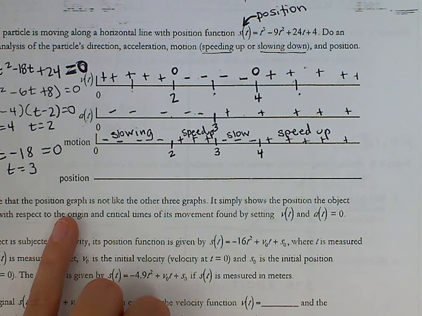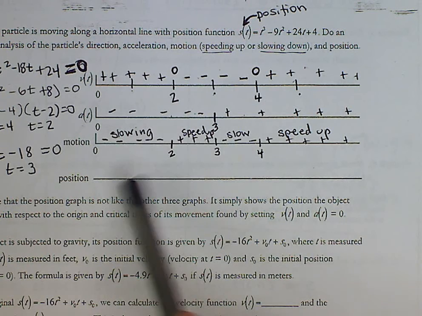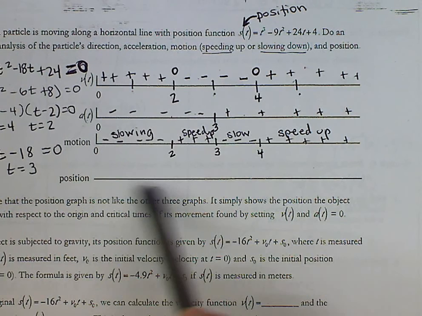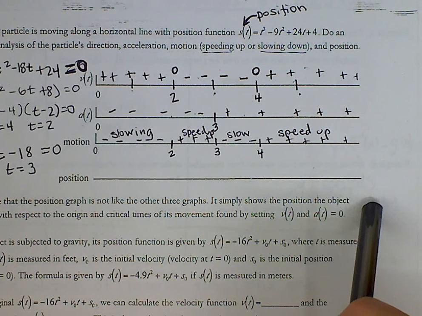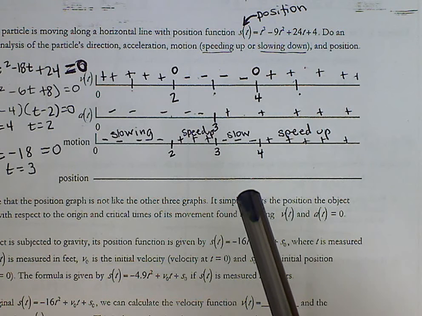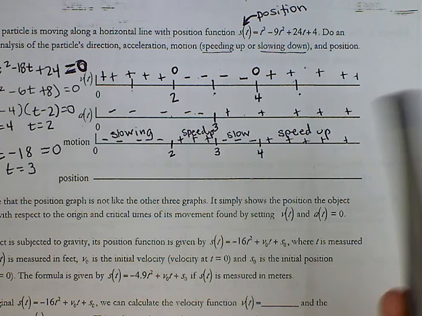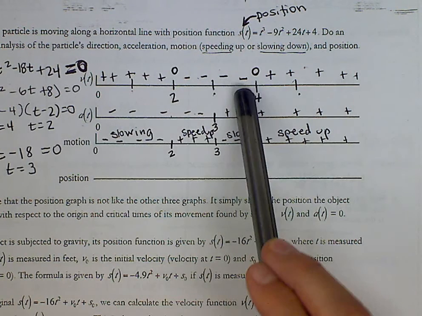So I have a lot of information from this graph, and I can use it now to model the position of the particle. Okay. So in order to graph the position, I'm going to again use my critical points and the velocity, but I also want to make sure to start at time 0.